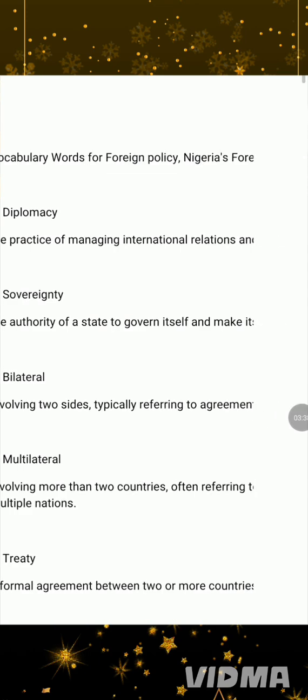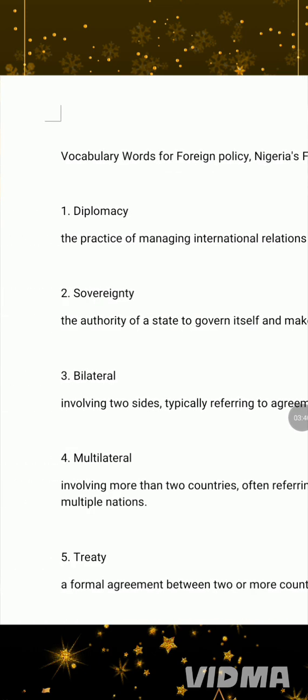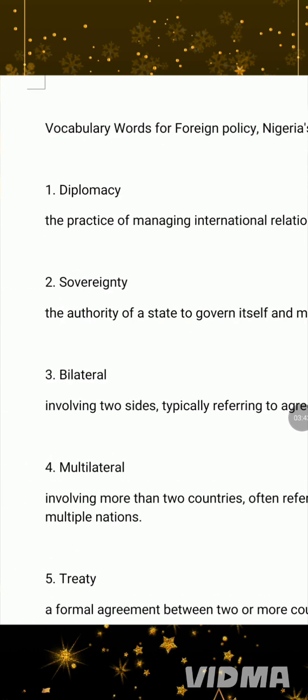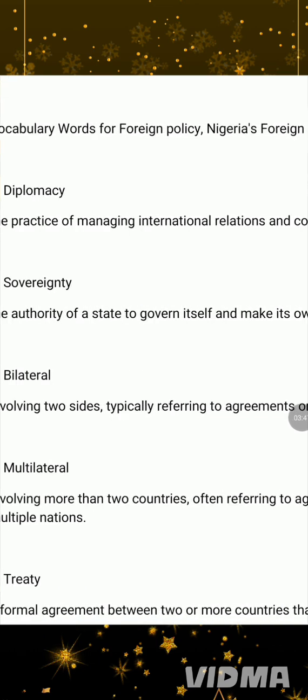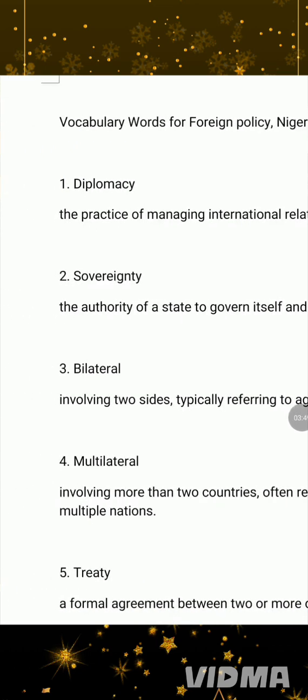Number 2, sovereignty. As you can see, it defines the authority of a state to govern itself and make its own decisions. Now, how does sovereignty relate to foreign policy? In the international realm, or also international law, states are seen as sovereign entities.